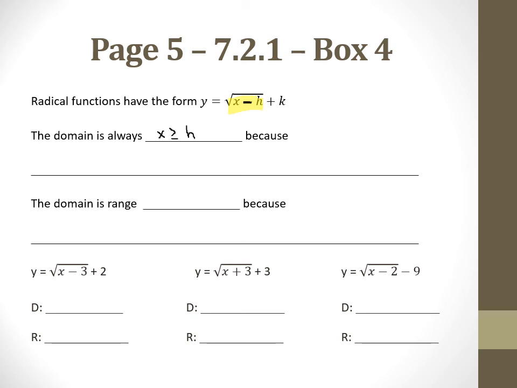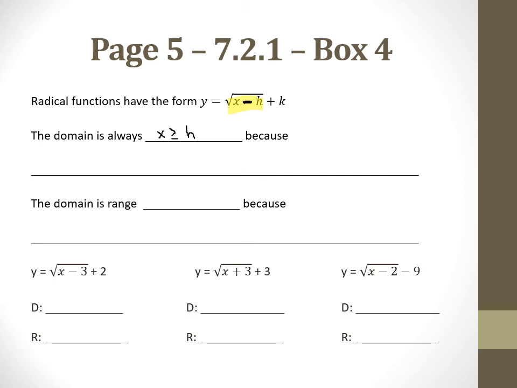So it's going to be the reverse of whatever is under the square root sign. So if you have x minus 4, then the domain would be x greater than or equal to 4. If you have x plus 2, the domain would be x is greater than or equal to negative 2. And the reason for that is because we need to take the square root of a positive number.